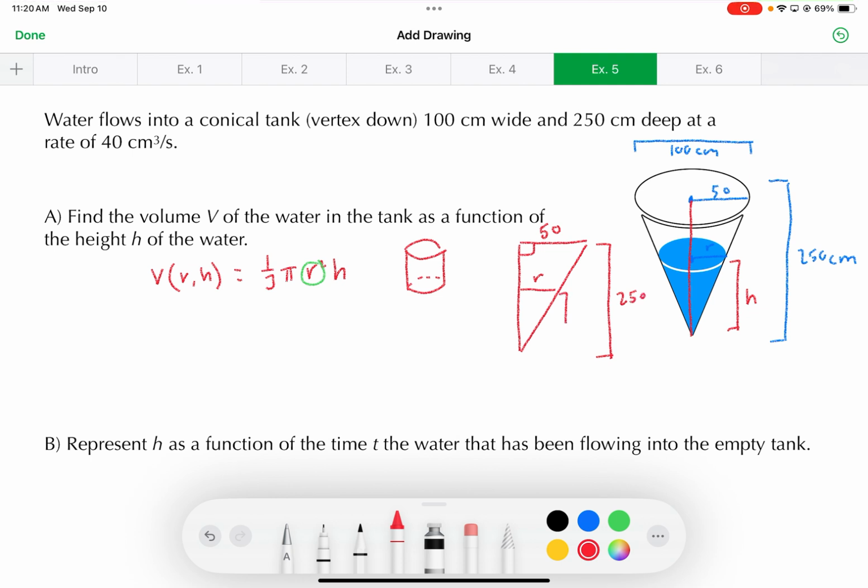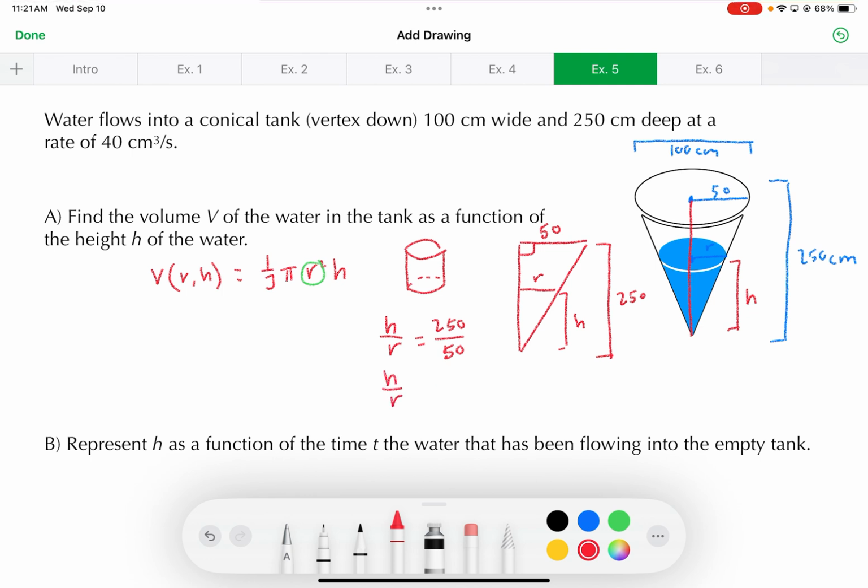And then the smaller triangle we'll just call a value of h. Okay, so similar triangles are proportional to each other, right? So I can say h over r is equal to 250 over 50.